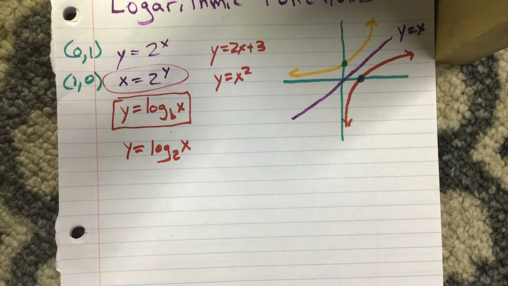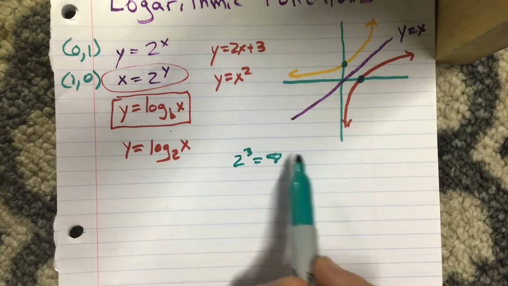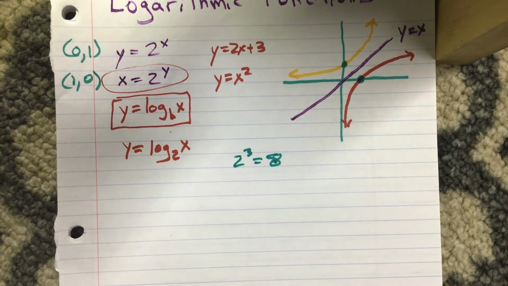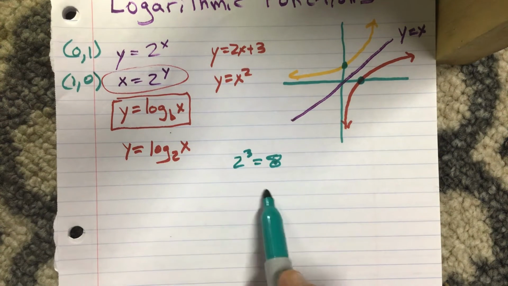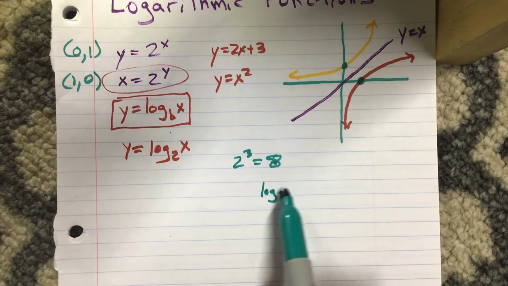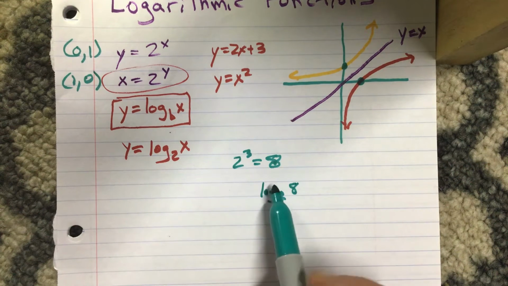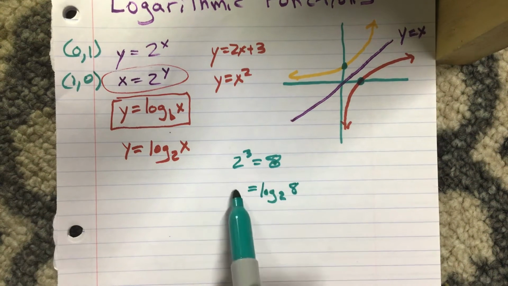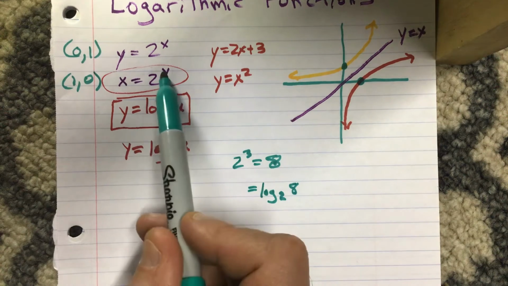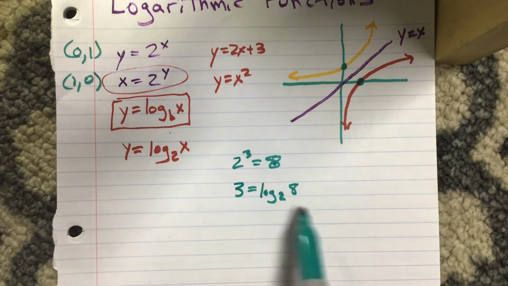If you had something like 2 to the third power equals 8, you would write that as log base 2, this is your base, and the answer, the y that we're solving for, is your exponent. So the exponent here is 3.